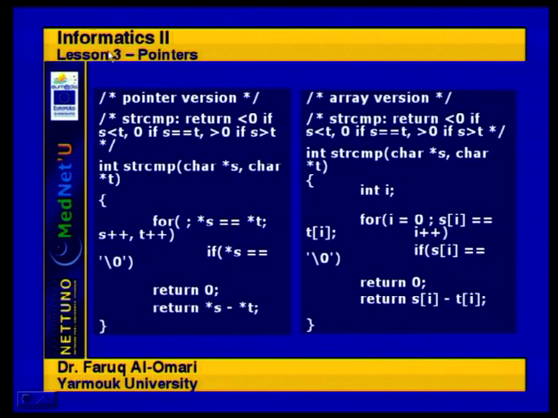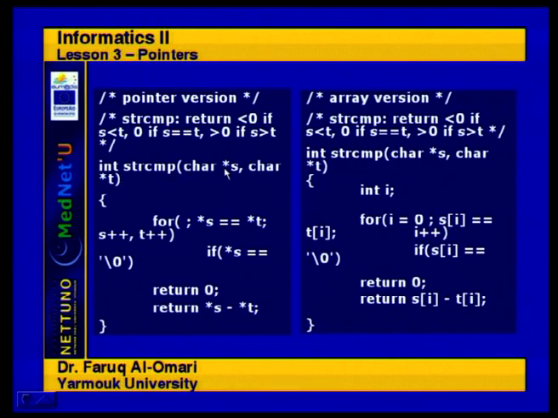On this slide, I have two ways of implementing this function, the pointer version and the array version. I'll leave this for you to look at, and we're going to discuss this together. The pointer version, as I said, returns a value of type integer depending on strings S and T, whether they're greater, equal, or less than.